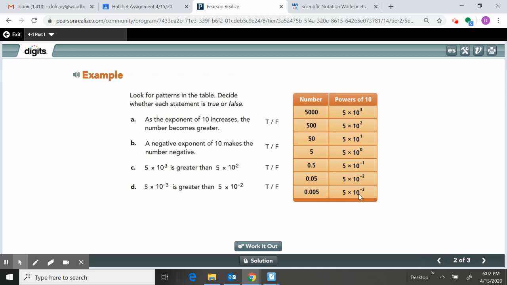So 5 times 10 to the negative third, 0.005. Is that greater than 5 times 10 to the negative second, which is 0.05? No, that's false. Because the farther away you are from the decimal point to the right, the less your number is worth. So this is less than this. So that would be false. Any questions on that? Let me know.